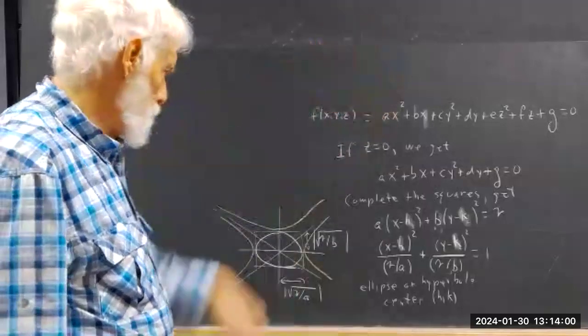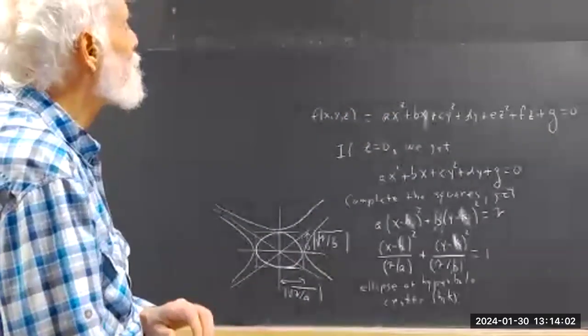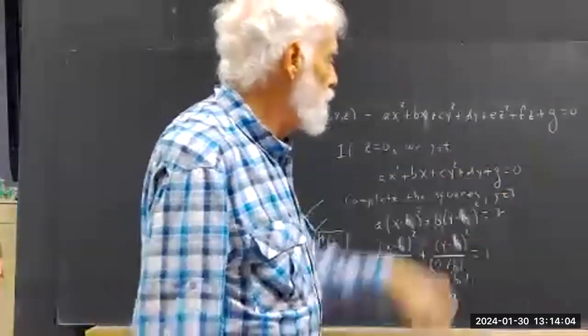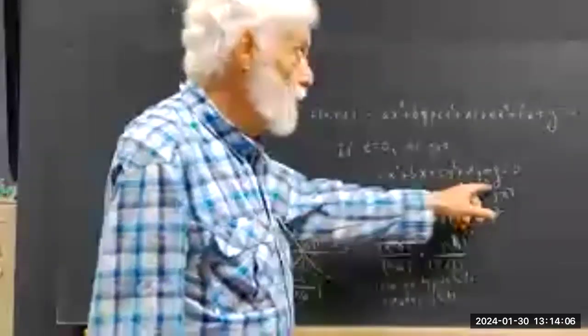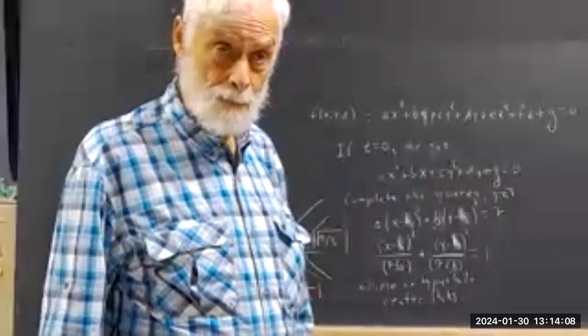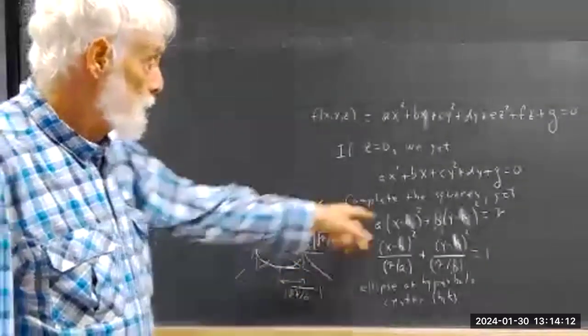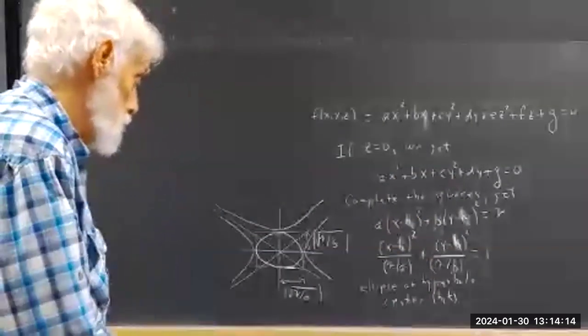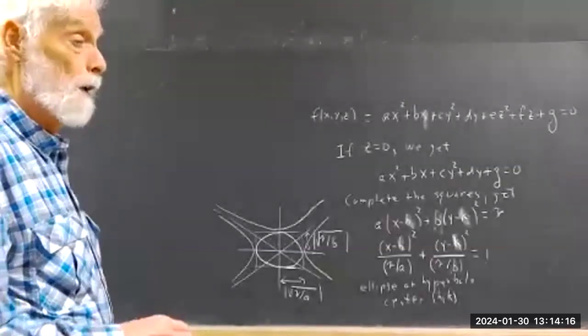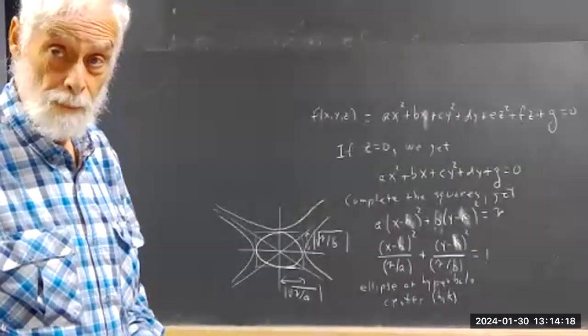So that might be a little confusing, but you can see that if I let Z equal 0, I'm going to get this. Okay. So I'm going to have one of these three shapes when I end up completing the square. Or maybe I end up with nothing at all in the XY plane.